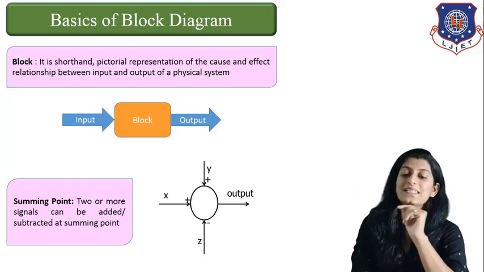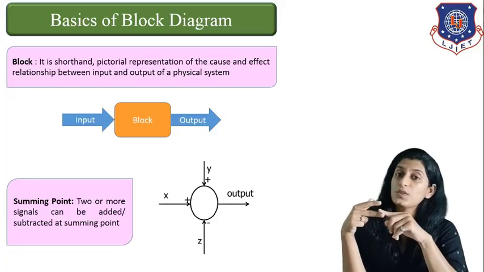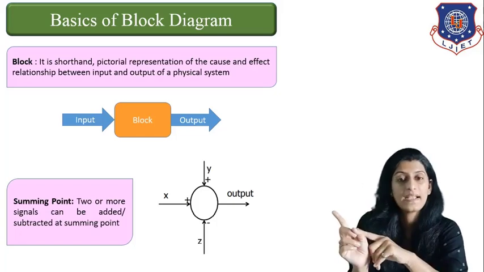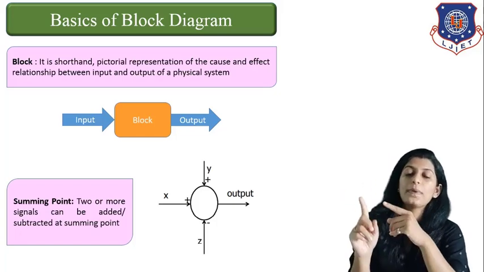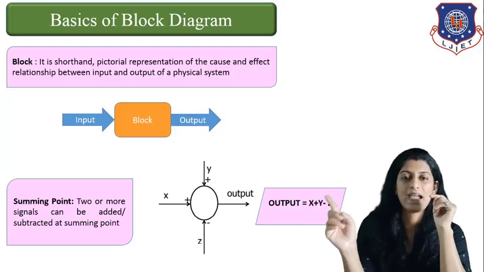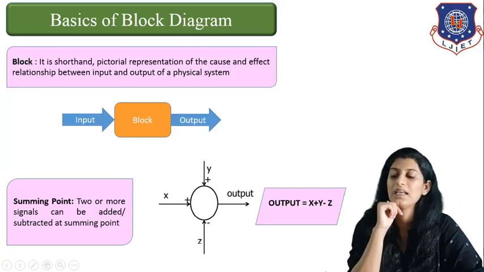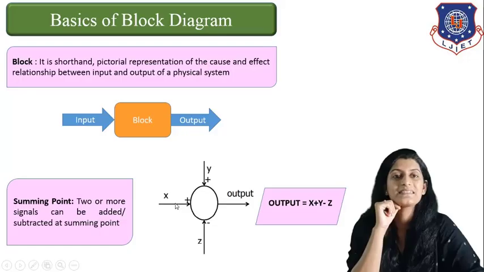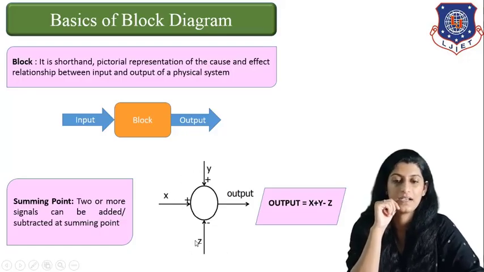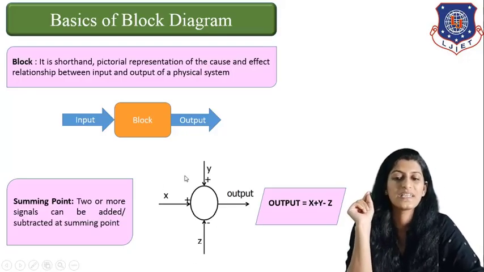If you can see in this figure, X is positive, Y is positive and Z is negative. Correct. So depending on the sign, we will perform the action. The output we will determine as X plus Y minus Z. So the output depends on these values.